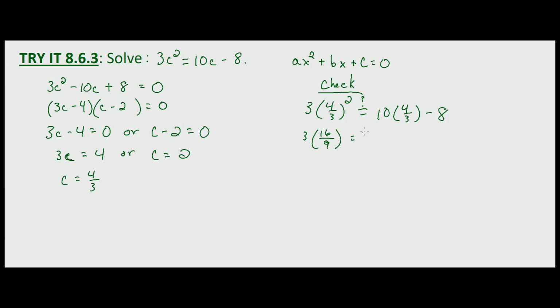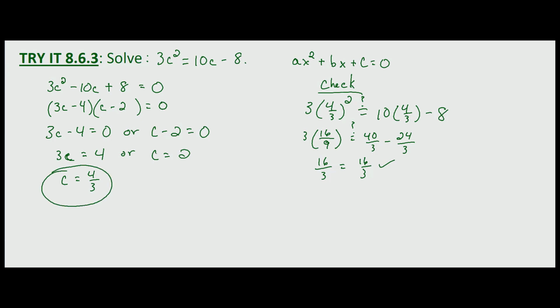Does that equal 40/3 minus, let's make this 8 times 3, which is 24/3? So 40/3 minus 24/3. That's why we have a common denominator. And that is 16/3. So that does check. Our first solution checks.